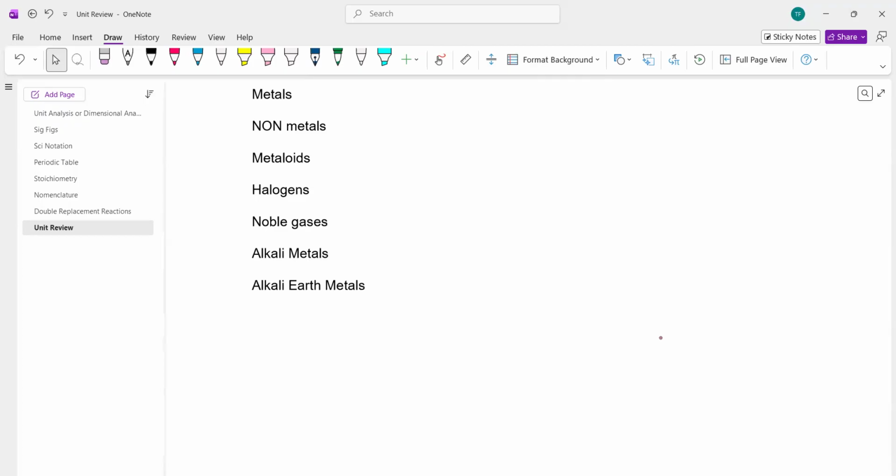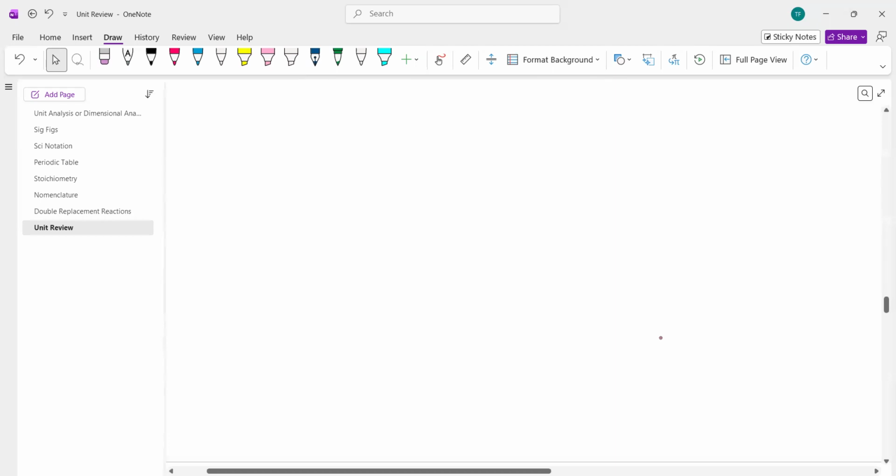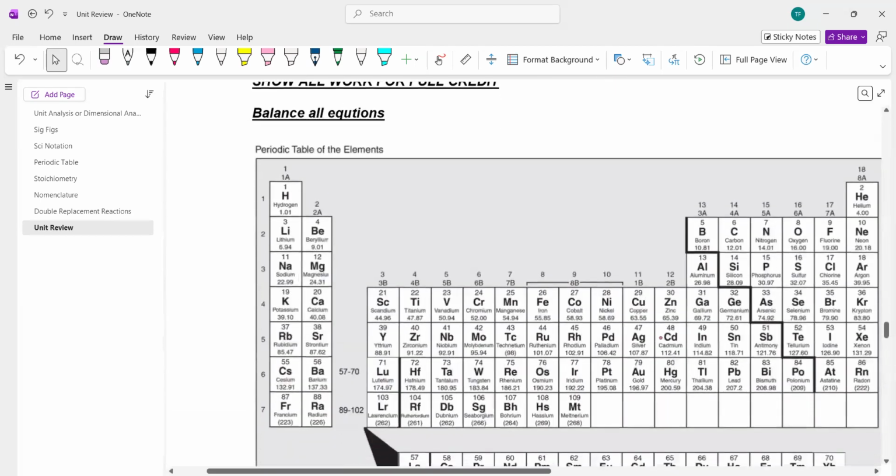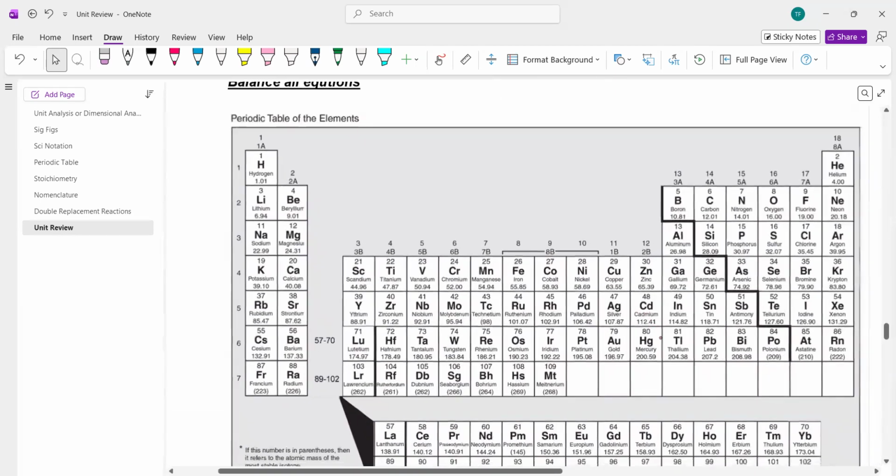Usually we do acids independently. In the workshop I gave you, I said ignore the acids and the H2s, because those are acids. Do everything else. Okay, so these we need to find on the periodic table. And here is the periodic table.